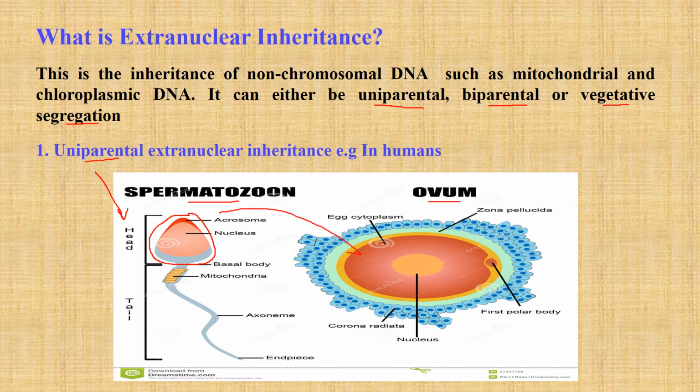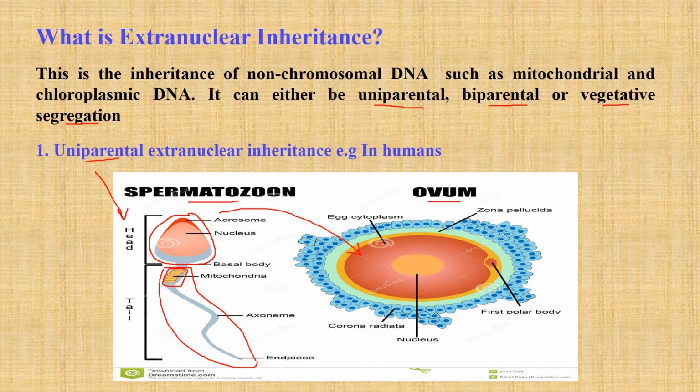So when this happens, the tail of the spermatozoa, this area below here, that contains the mitochondria, this is the mitochondria here, is excluded.